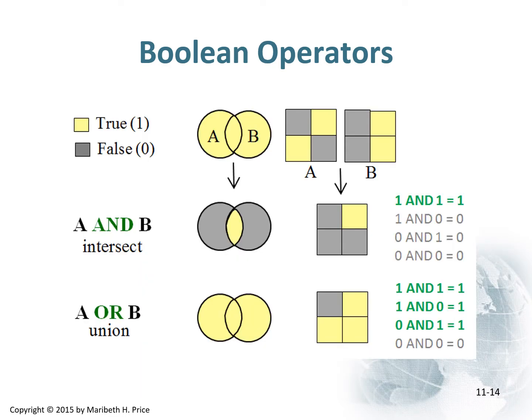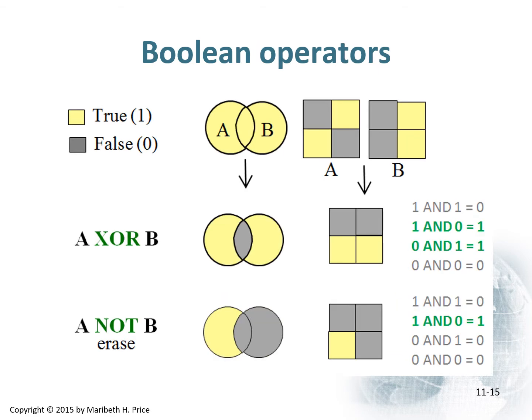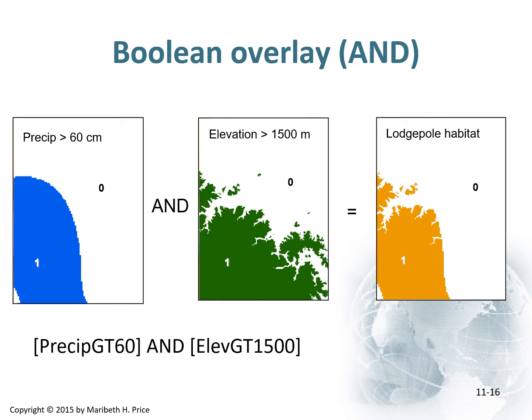Again, Boolean operators: yes, no, 1, 0, true, false kind of questions, using these different ones like intersect or union, and you can see what you then end up with or don't end up with. More of the same.